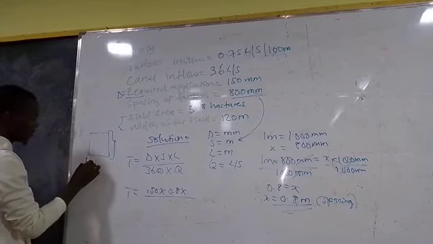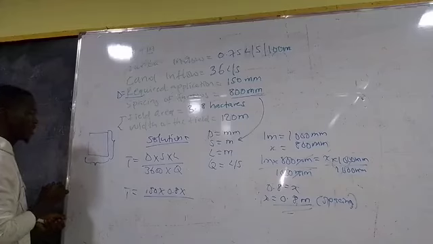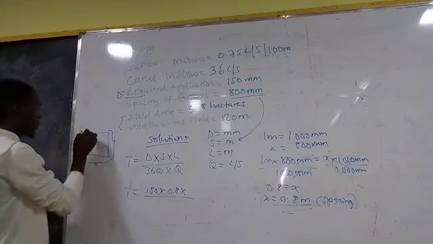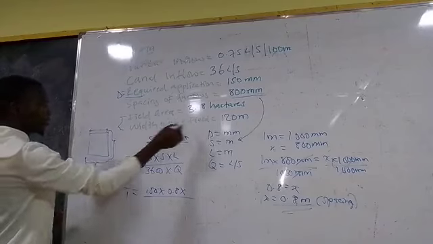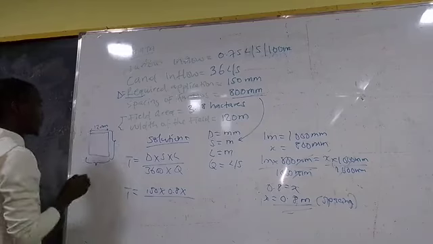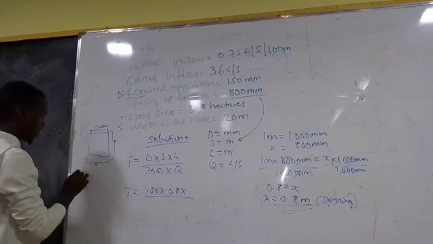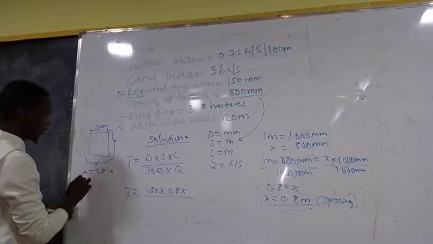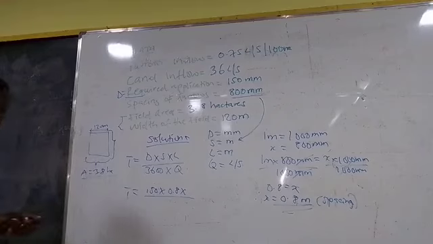We are given the area of the field, and we are given also the width, which is 120. And the area is 3.8 hectares.